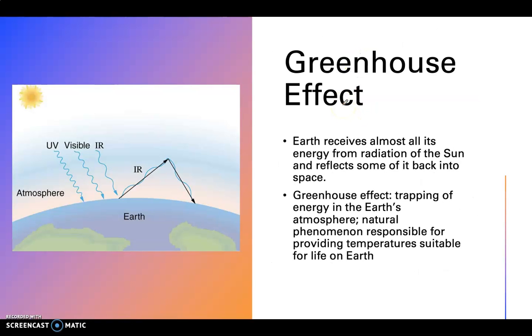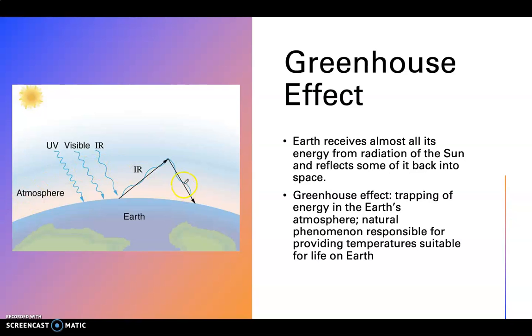One last thing I wanted to touch on is the greenhouse effect, and this is due to radiation. The sun gives off visible light, UV light, and so forth, and these waves travel to the Earth, and then the atmosphere is able to trap some of those waves.